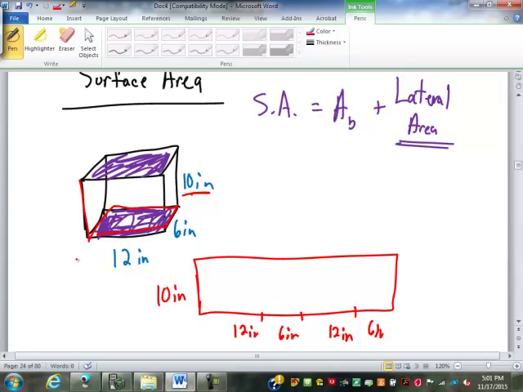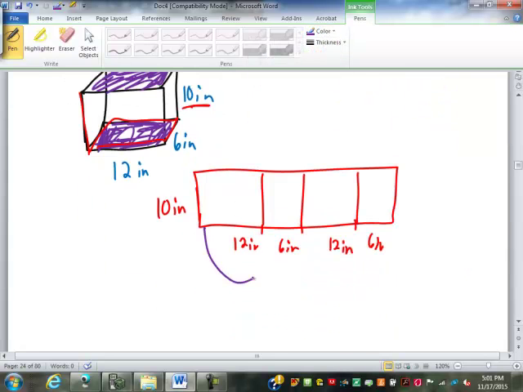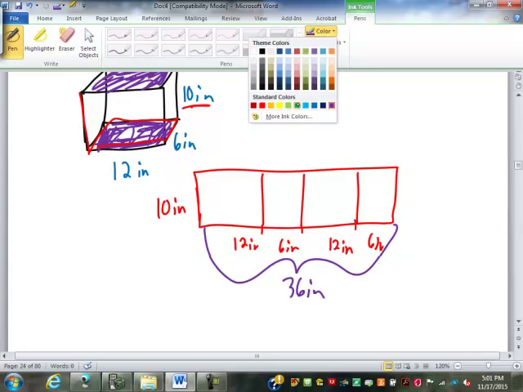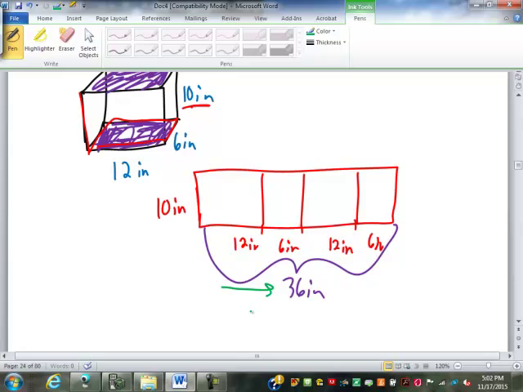Does that make sense? It puts all those rectangles together in one big long rectangle. So this length here, if I add all those up, is 36 inches. That length right there, 36 inches, is also the perimeter of the base, the distance around that base.